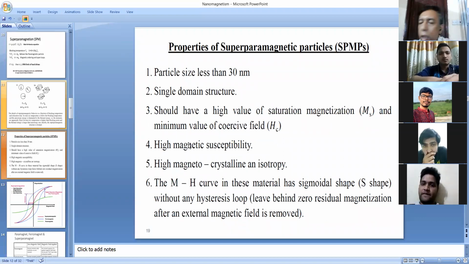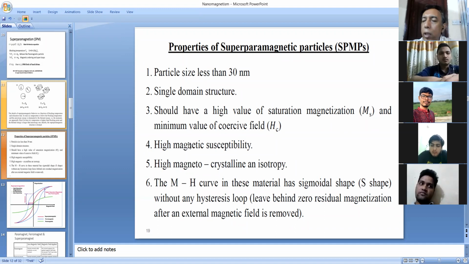High magnetocrystalline anisotropy, I have explained to you what is anisotropy in magnetic substances. In some direction, the amount of magnetization becomes high, and in some direction, the amount of magnetization is not that high. The direction means in some plane, HKL plane.